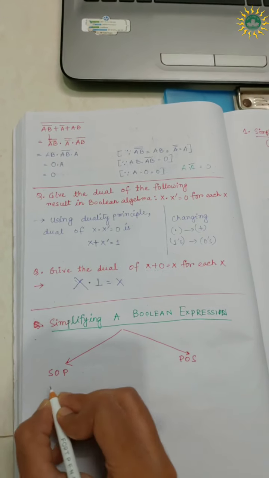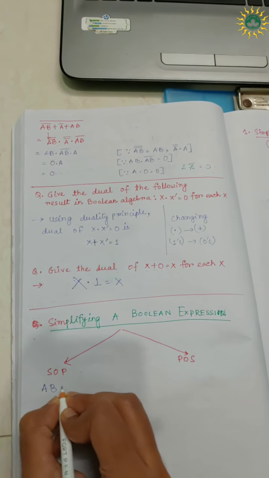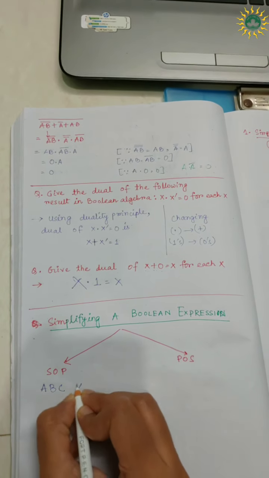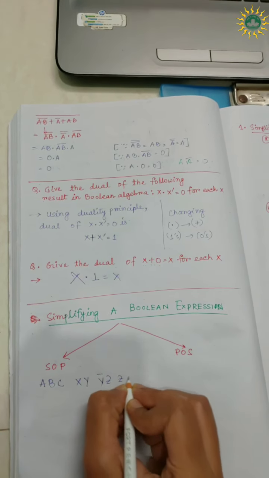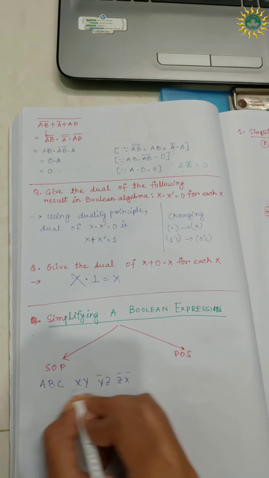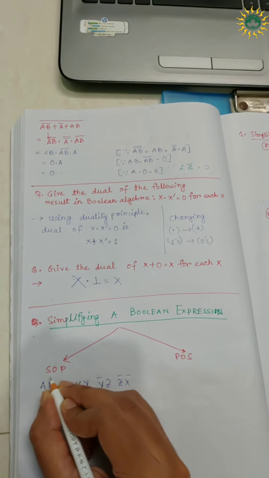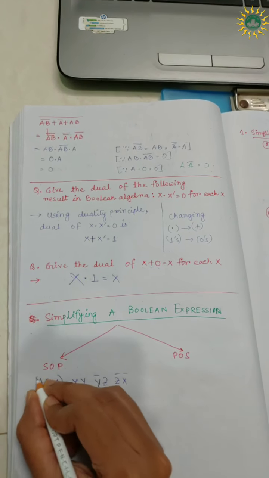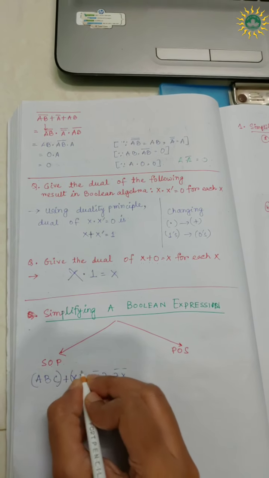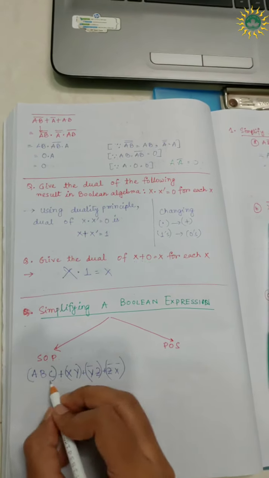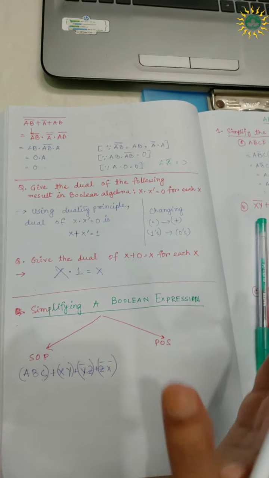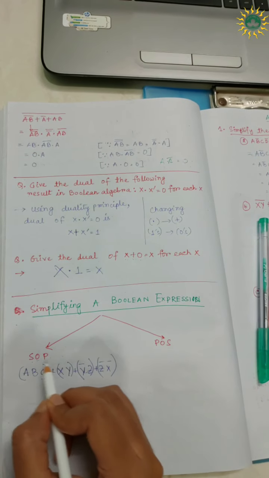So if we have A B C and X Y and Y bar Z and Z bar X bar, these are all products. Sum of products, so what you have to do is sum them up. Understood what we are doing right now? We have a few products and we will just add them up in the case of SOP.